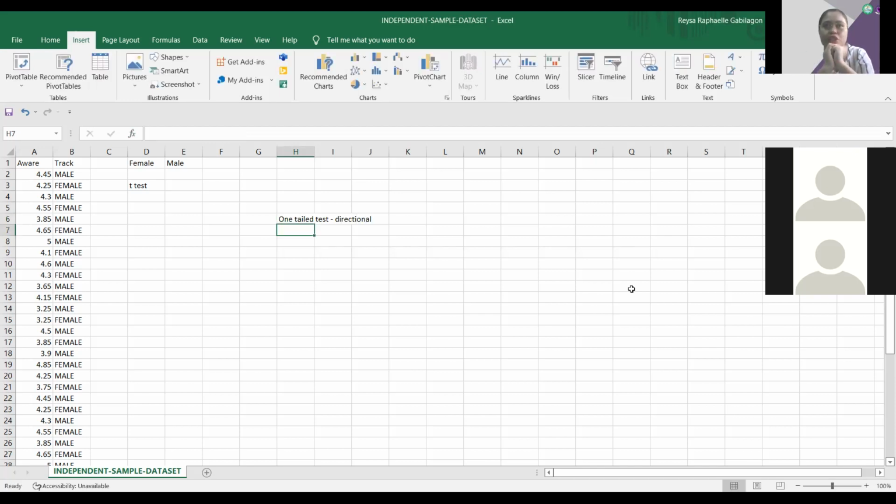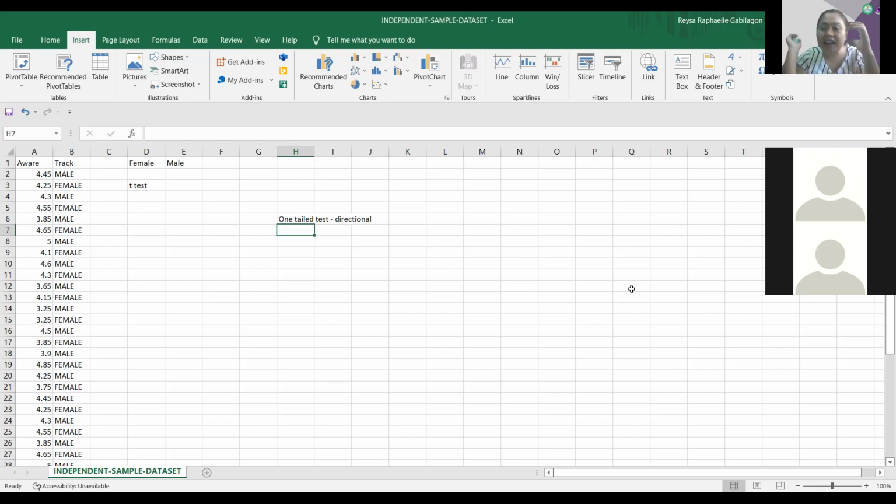When you say directional, you have terms for comparison, like the female is more knowledgeable or is more aware than male. Okay? That's a hypothesis, right? Pero meron siyang direction. We are favoring the female. The females are more aware than the male.